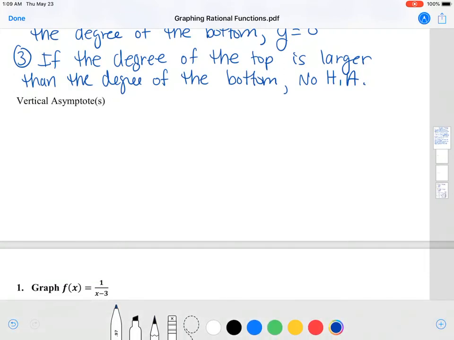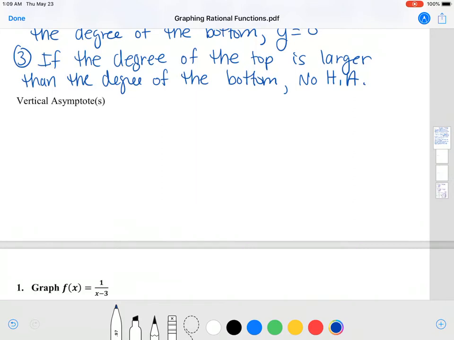Okay, last major feature is vertical asymptotes. A vertical asymptote is when you're looking for the value of x when your vertical value is shooting up to positive infinity, or shooting down to negative infinity. So that's when we're looking for the x value.